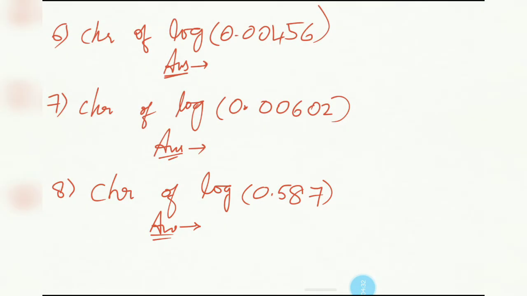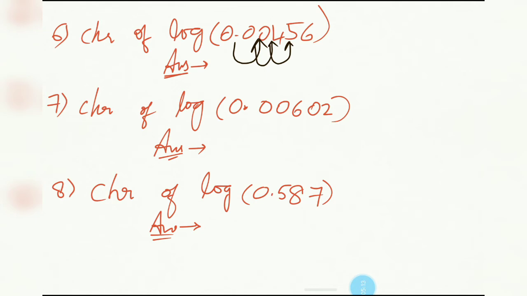Next, let's look at the sixth question. The characteristic of log 0.00456 is. So how do we find the logarithm when we have 0 point something? What we have to do is shift the decimal to before the decimal point. If it is 0, we can't consider it to be the characteristic. So we have to send this decimal point to the right side. How many jumps am I going to take? Here one jump, here one more jump, and here one more jump, till I get a number apart from 0 before the decimal point.